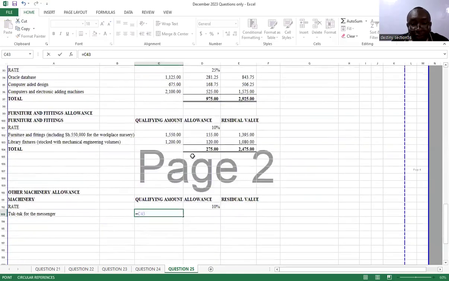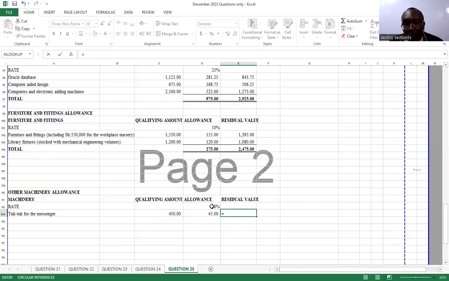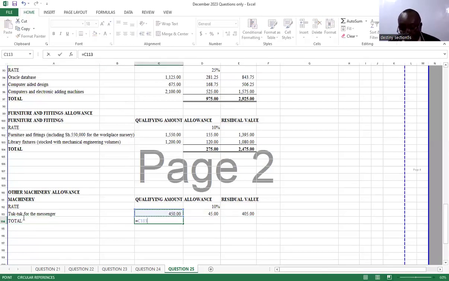If I said equal to, okay. Yeah, 450. So this will be equal to this times this. I'm not putting F4 because it's just 1. Equals this minus this one. So if you want it to look like the others, no harm, you can bring the total, which is just equals to this.